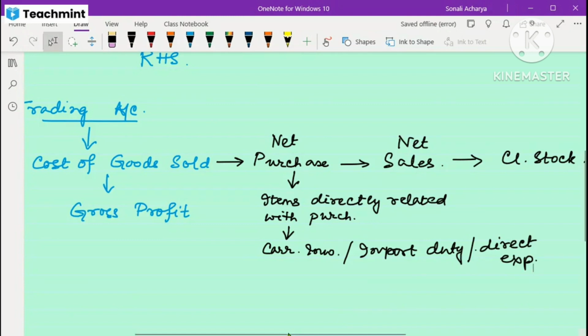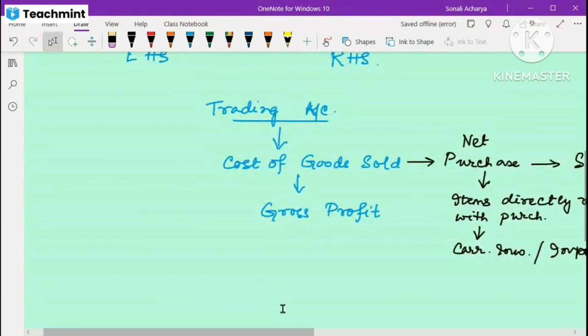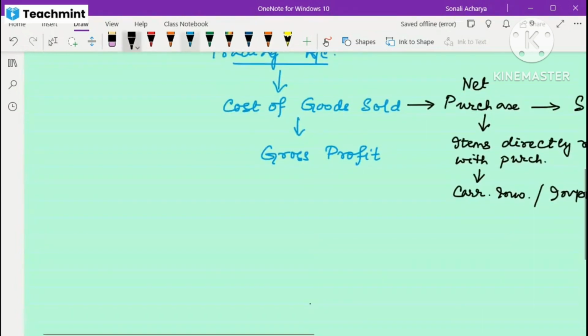Okay, now let's come to indirect expenses, or what are the items that are shown in profit and loss account. This is also a nominal account.